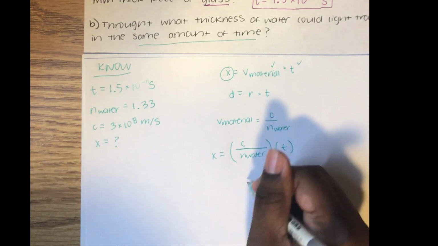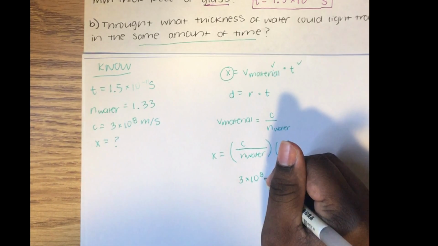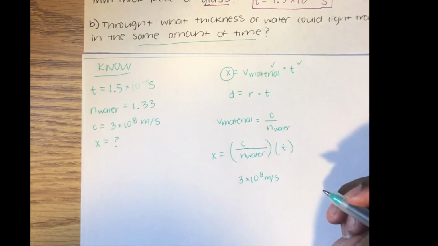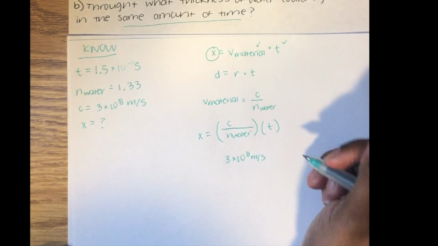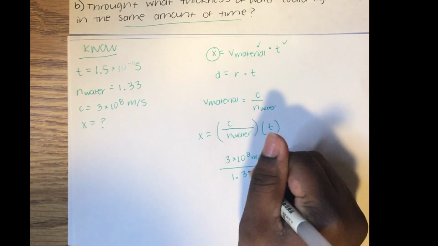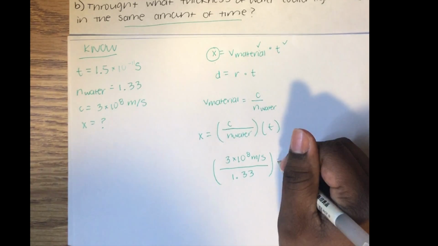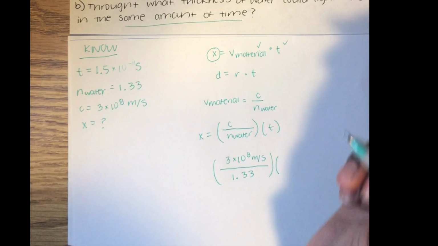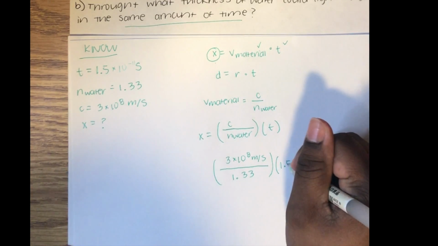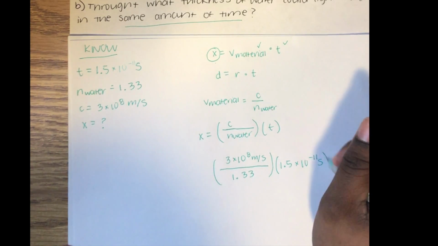Now let's plug this all in. 3 times 10 to the 8th meters per second over 1.33 times the same amount of time that we found from part A, 1.5 times 10 to the negative 11 seconds.